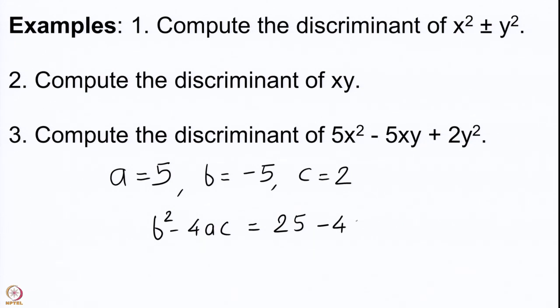So, we get 40, and so the discriminant is minus 15. So, we have computed these various discriminants. To recall, the answer here was minus or plus 4, the answer here was 1, and the answer here is minus 15.